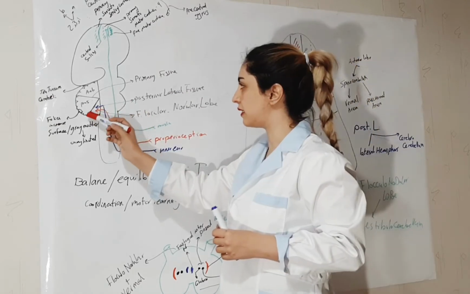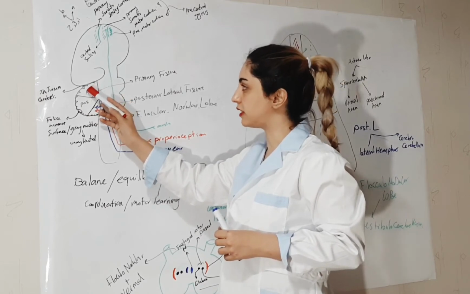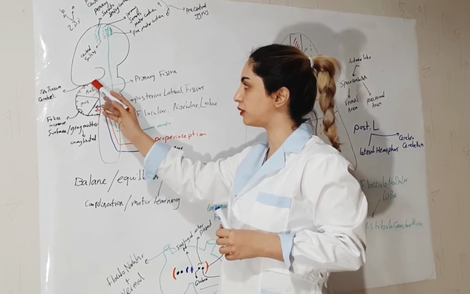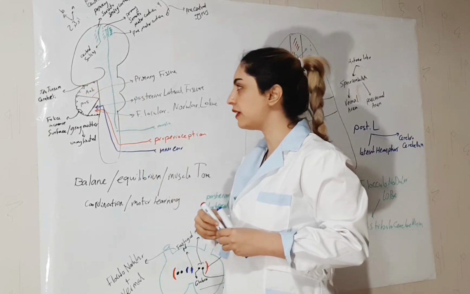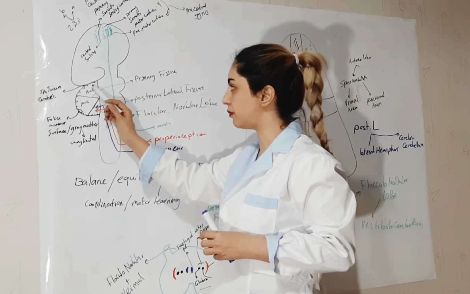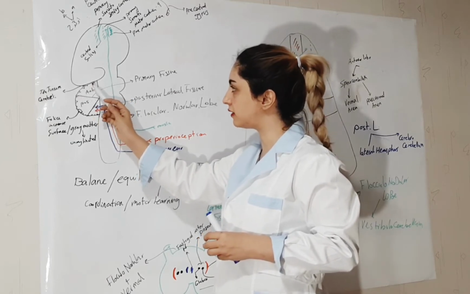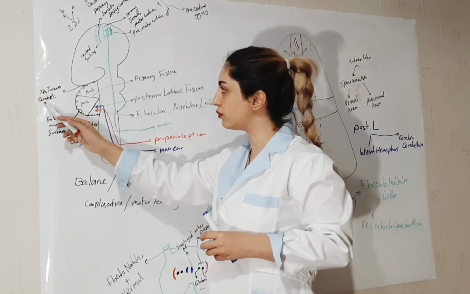The cerebellum is in the posterior cranial fossa, and the cortex of the cerebellum is separated from the cerebral cortex. So the cerebral cortex is different from the cerebellar cortex, and the part where they meet is called the tentorium cerebelli.